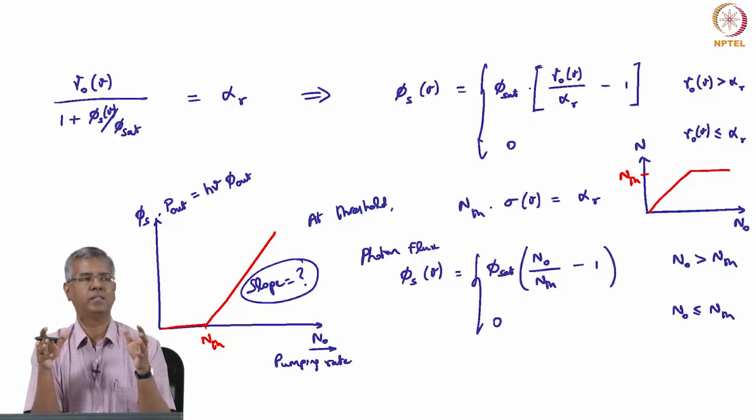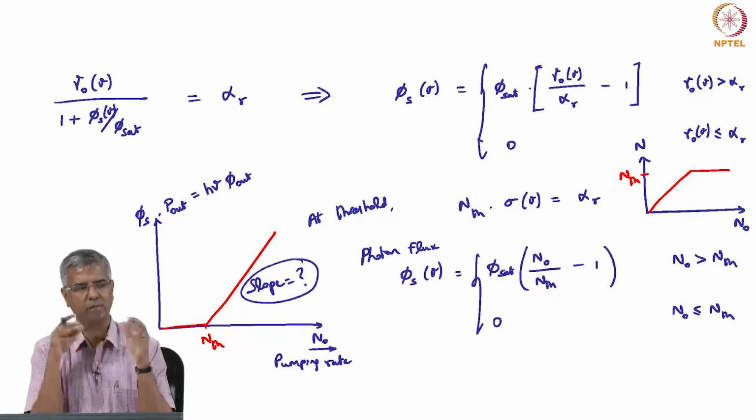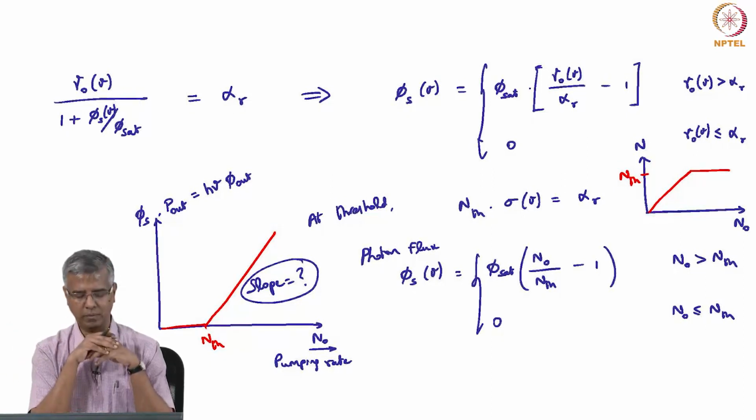And that discharge is effective in creating an inversion. Only a fraction of that power is getting converted to stimulated emission, and finally the optical power that is coming out.